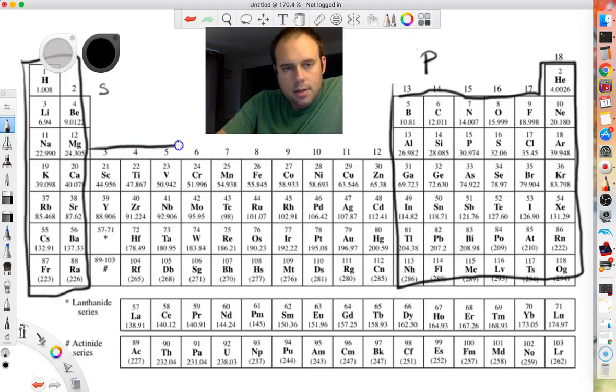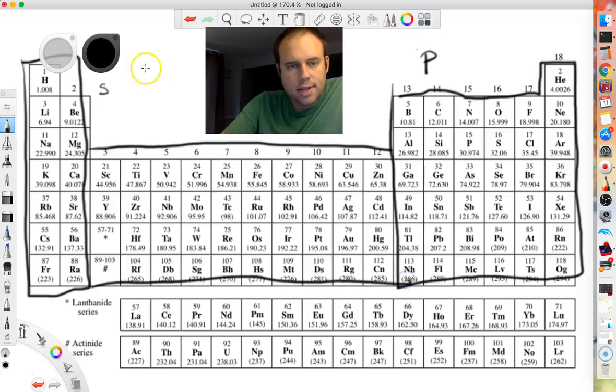The section right down here, which we know is the transition metals, these are going to represent the d orbitals. And then over here, down in this section, these would be the f orbitals, keeping in mind that they would be placed in right here. So this is a separation in the periodic table so that it doesn't extend so far. We kind of cut that out and put it down here, but these would be your f orbitals.